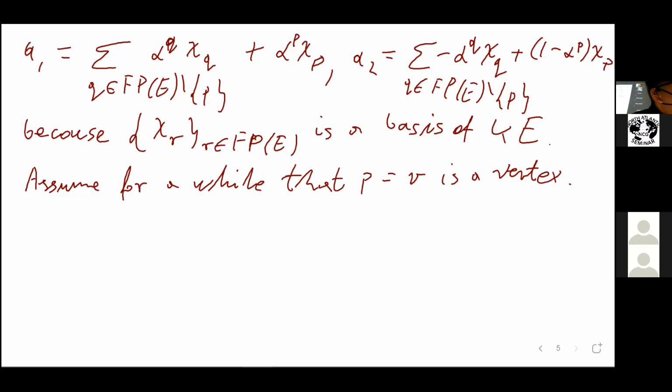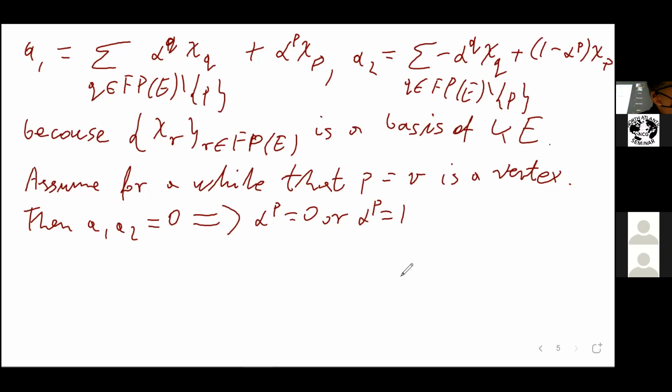But then A1 A2 equals 0 implies that alpha p is equal to 0 or alpha p is equal to 1, because V cannot be an element of the following set.